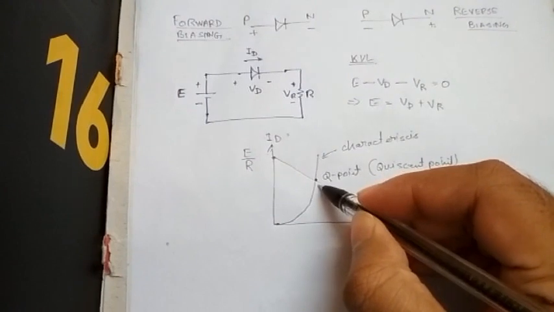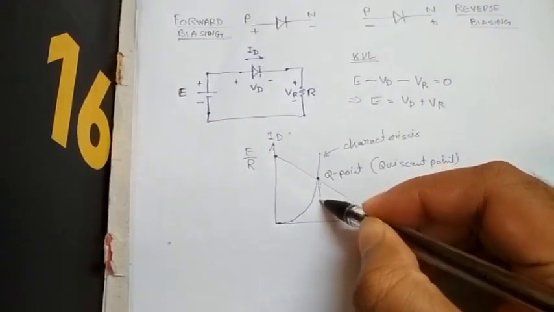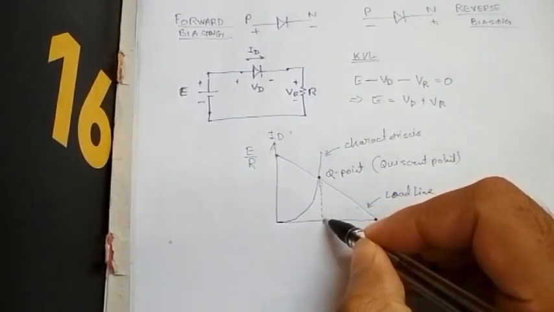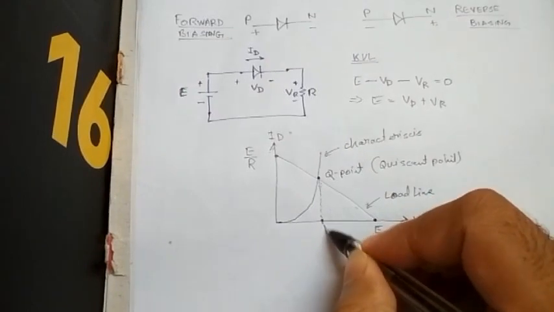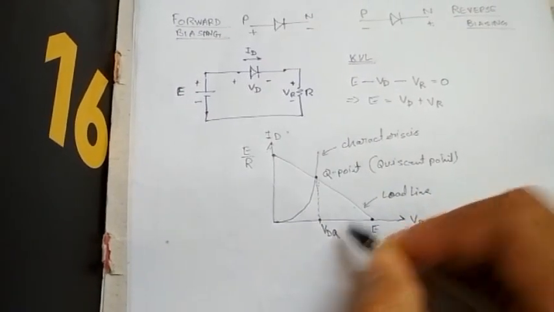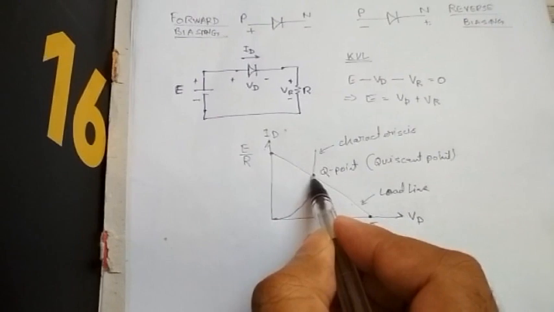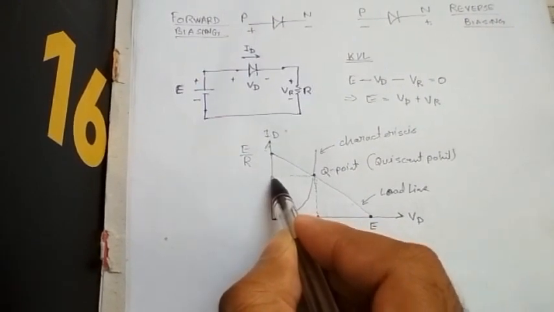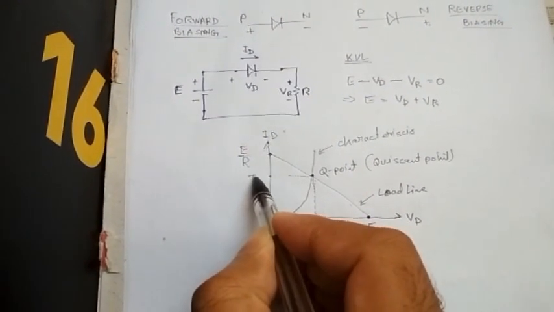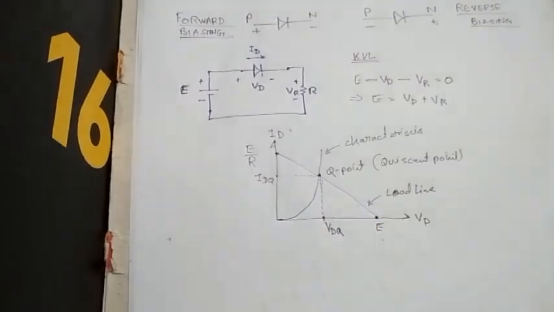Now if we draw a line parallel to the y-axis, this point is VDQ, and if we draw a line from here parallel to the x-axis, this point is IDQ.